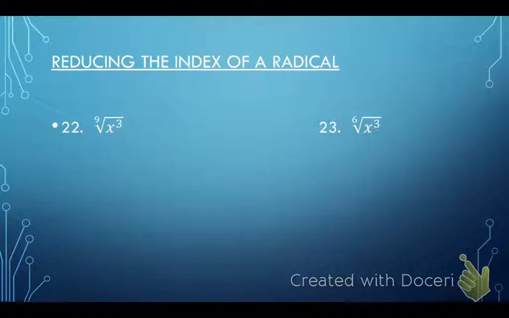All this is just asking is reducing the index of a radical. Basically, how would you write 22 as a rational exponent? X to what power? 3 over 9, right? What is 3 over 9? 1/3.